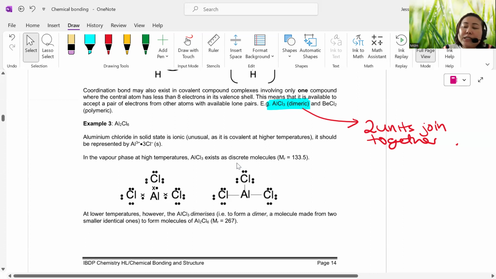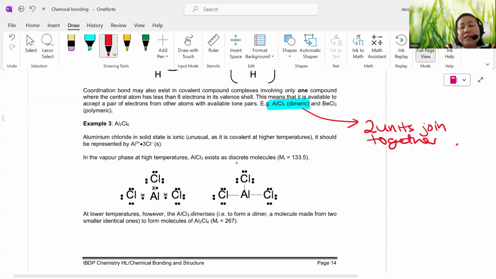And what's the evidence that we have to prove that dimerization happens? So the evidence that shows us that dimerization occurs in aluminium chloride in vapor phase is that we notice that the resulting Mr of the aluminium chloride seems to be double of what is supposed to be.